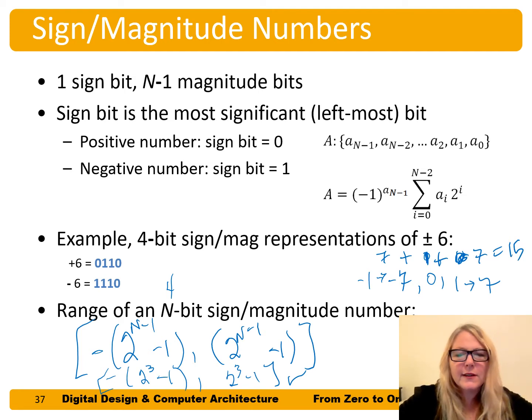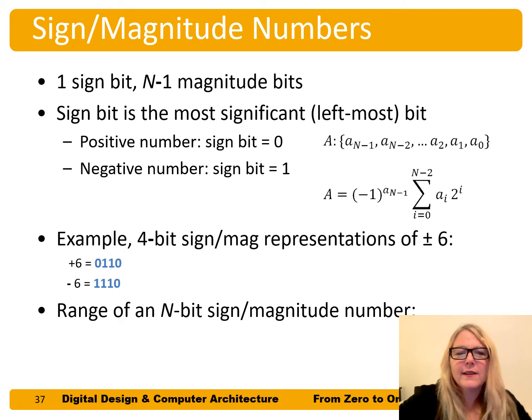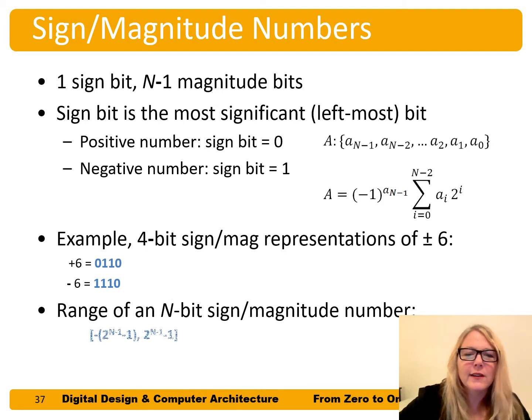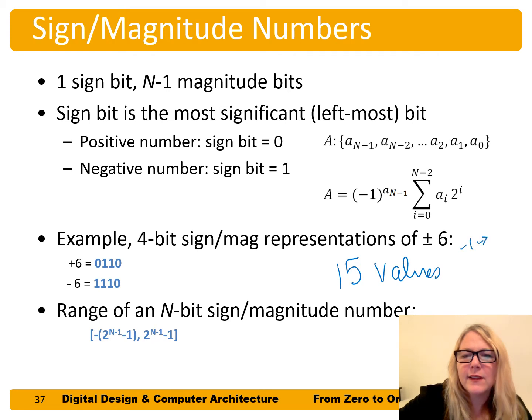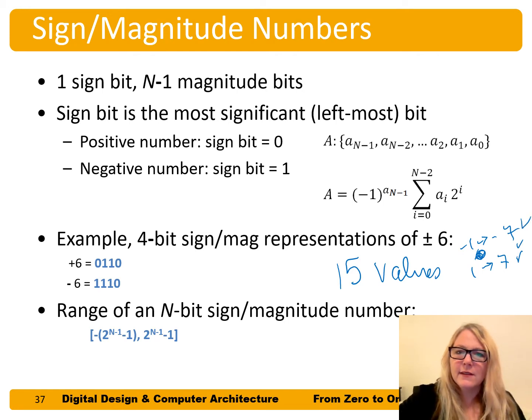So what happened here? We have a 4-bit value, but we can only represent 15 unique values, right? Minus 1 to minus 7, 7 values. 0, that's 1 value. And 1 to 7, that's 7 values. So 7 plus 1 plus 7 is only 15.